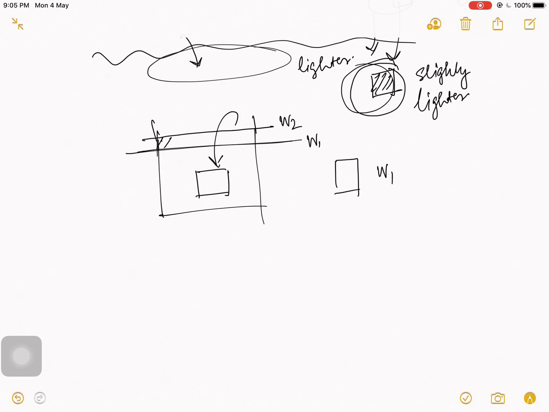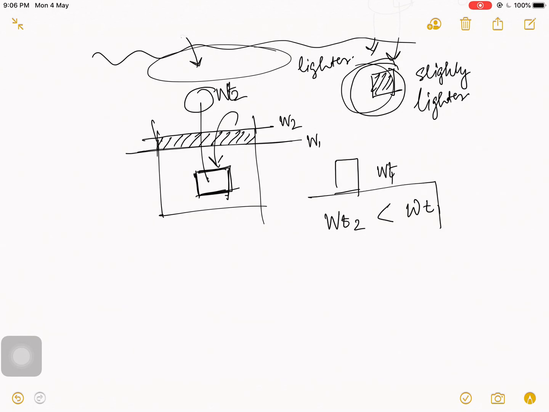In this scenario, if you weigh this particle, its weight W2 is definitely less than weight 1. Why? Because some amount of water was already displaced by this material.